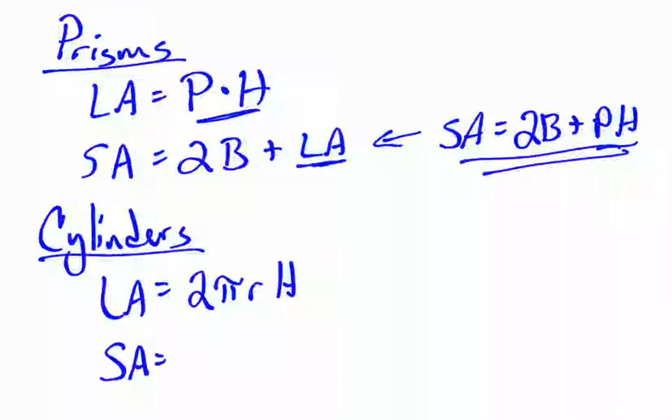And then your surface area is 2 times the area of the base, which is 2 times the area of a circle, pi r squared, plus the lateral area, which was 2 pi r h.